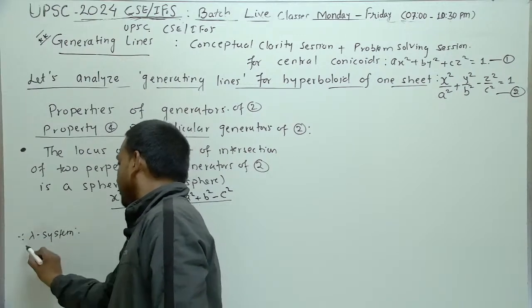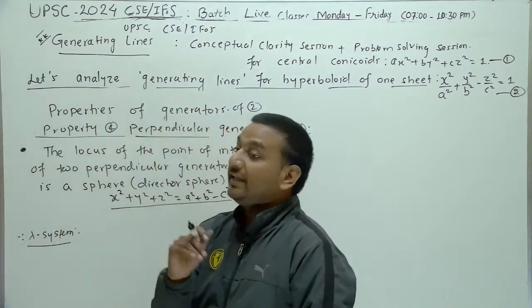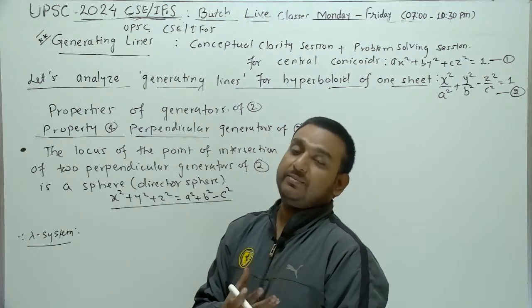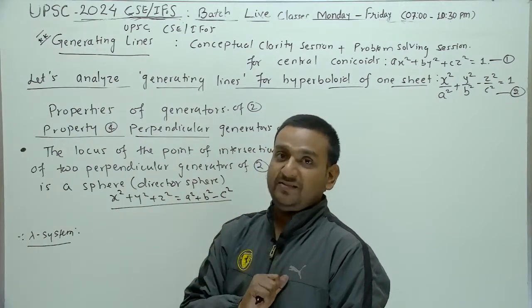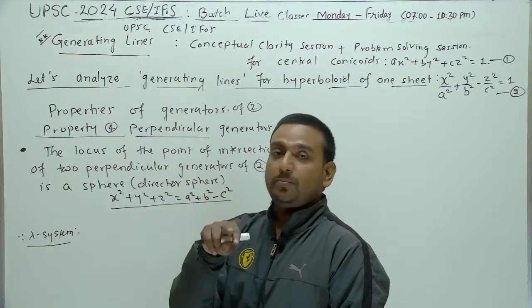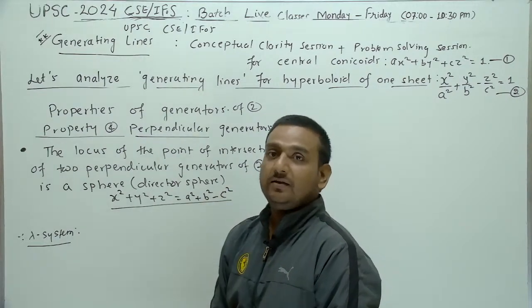say if you try to write the equation of generating lines, means equation of generator, so you will write two equations of planes, because two equations of plane will give you the straight line.